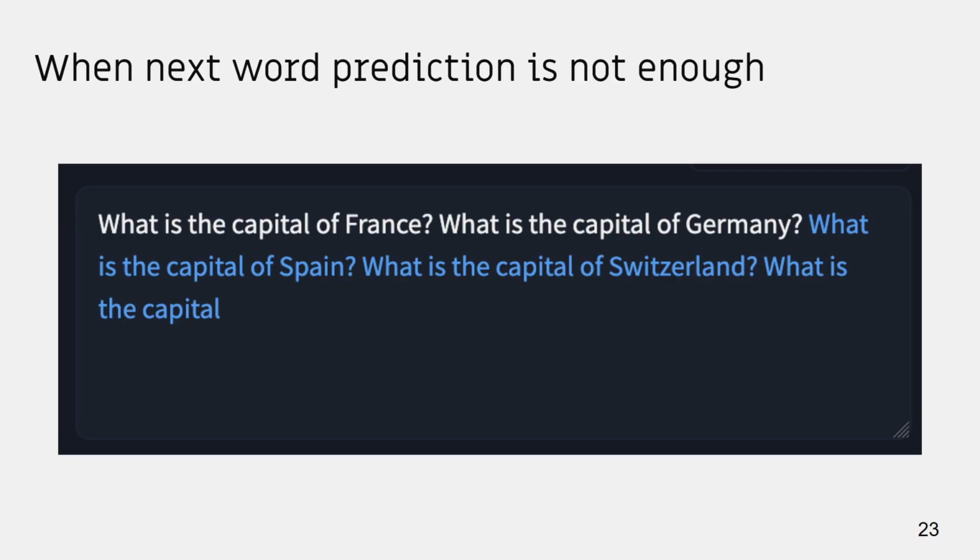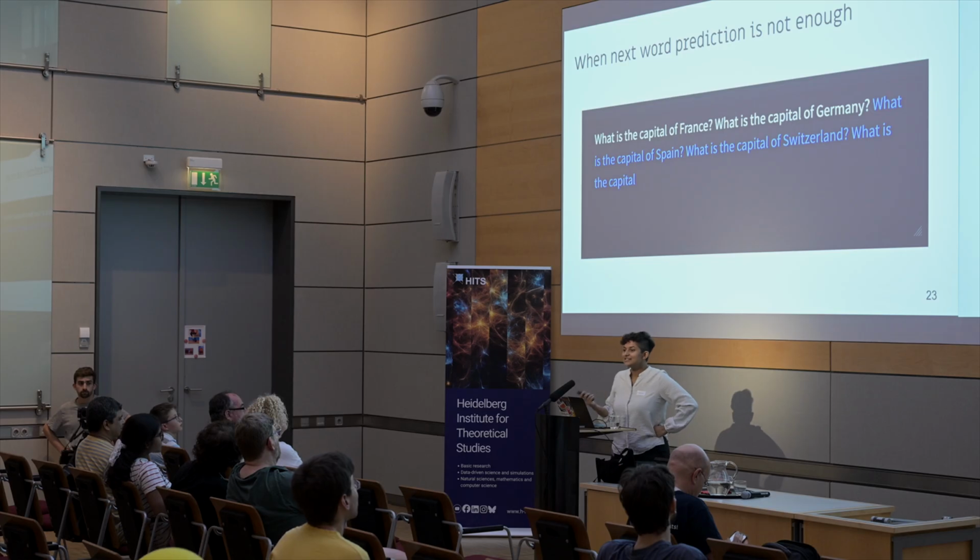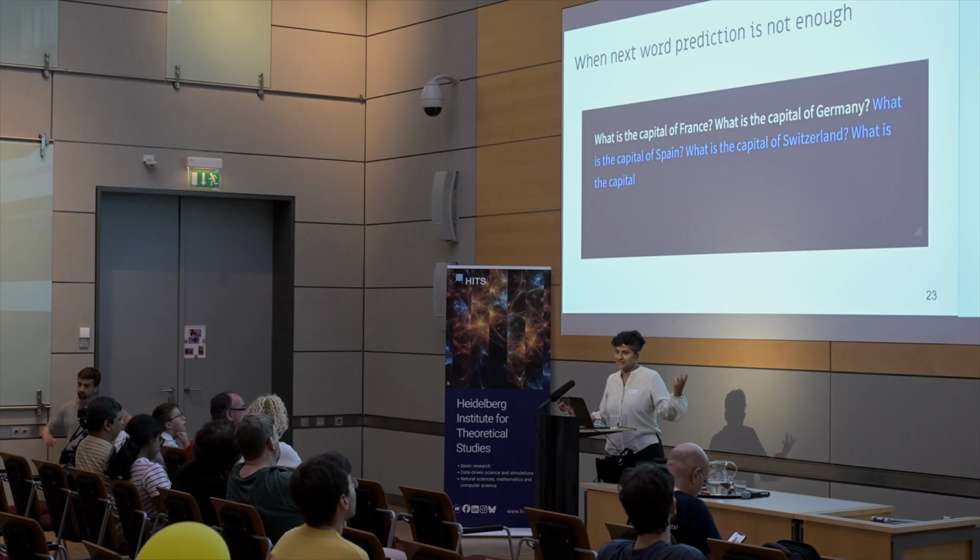The language model is trained to just say what is the most likely thing to come after text that looks like this. And so what you get is, what is the capital of Spain? What is the capital of Switzerland? What is the capital, and so on and so forth. So in this sense, it's not answering a question, because that's not the most likely continuation of this text that you begin with. But the most likely continuation is just more questions about the capitals of countries.